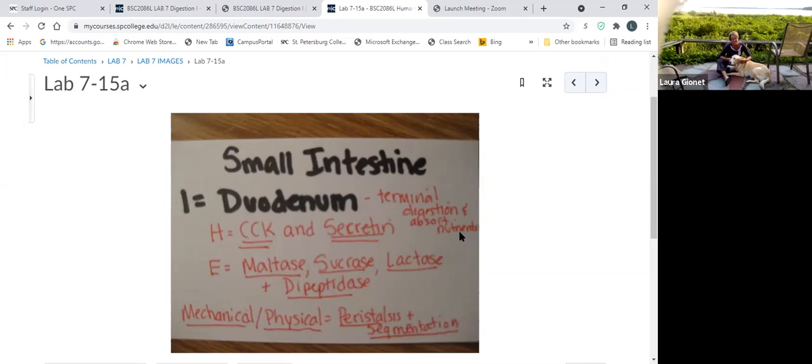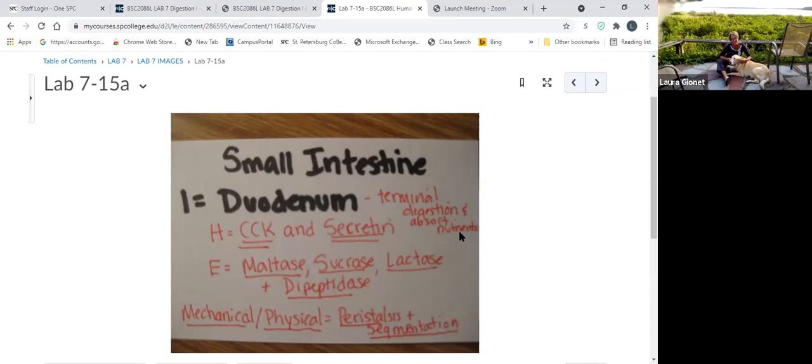enzymatically break down certain molecules from a macromolecule form to maybe an intermediate molecule, or perhaps from a macromolecule form to a building block in the case of a lipid. So the pancreas liberates several enzymes to facilitate this process.